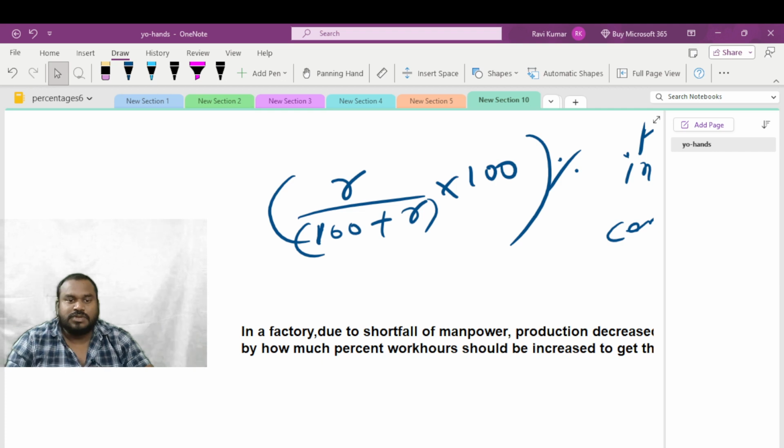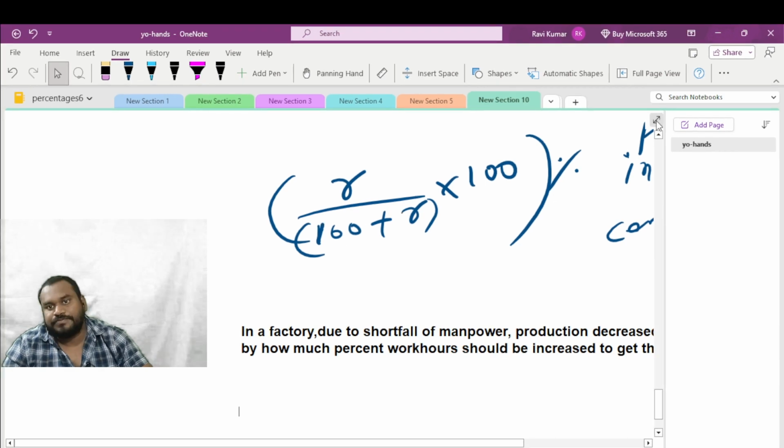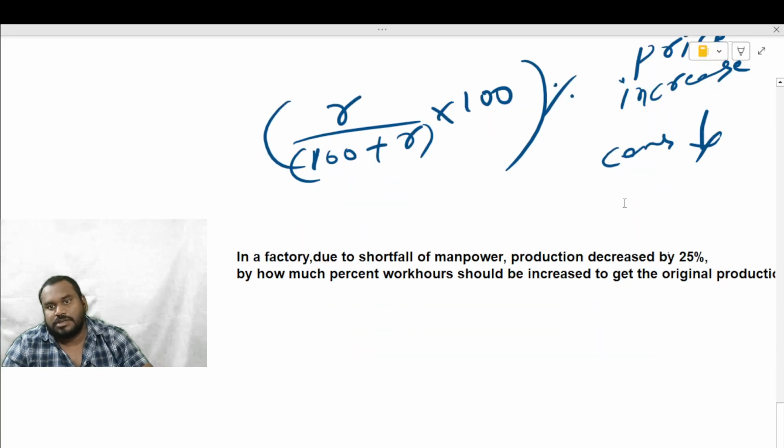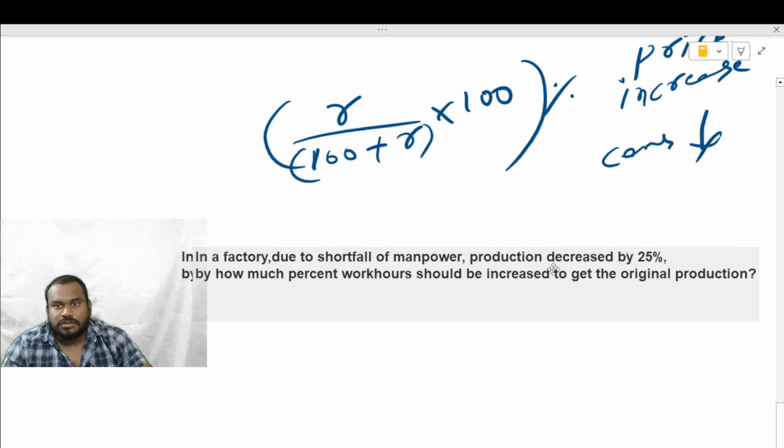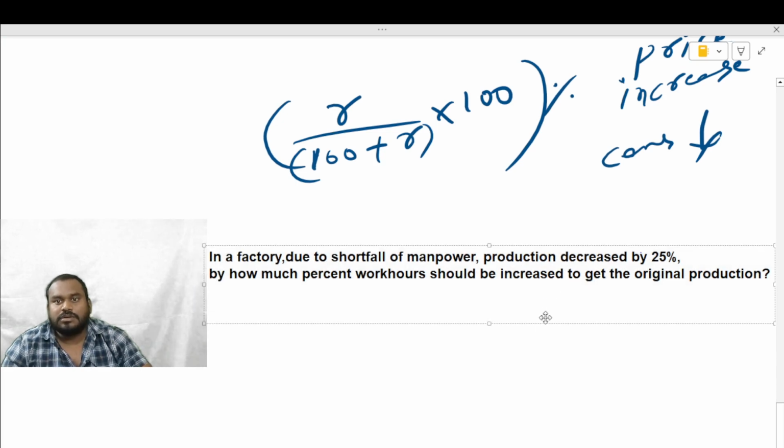We will see one example in this. There is a factory. In this factory, due to shortfall of manpower, the workers' count has reduced, maybe because of a festival or strike or some other temporary reason, or some people might have left the company.